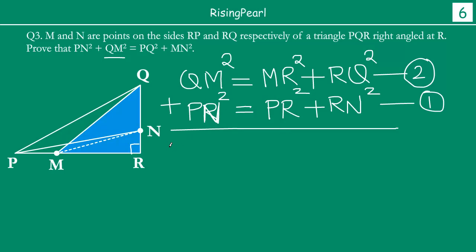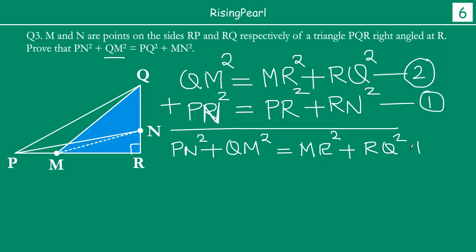So on the left hand side we will have PN square plus QM square, equal to, on the right side we will have MR square plus RQ square plus PR square plus RN square. So I have 4 terms on the right hand side. Let's continue to simplify this.